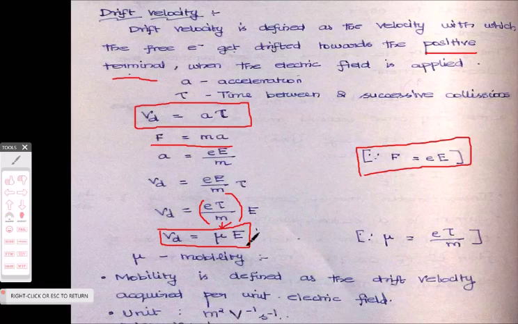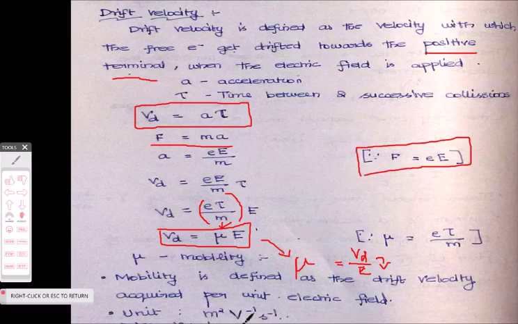From this we can conclude that μ is equal to Vd by E. So this is the definition for mobility: the drift velocity acquired per unit electric field.